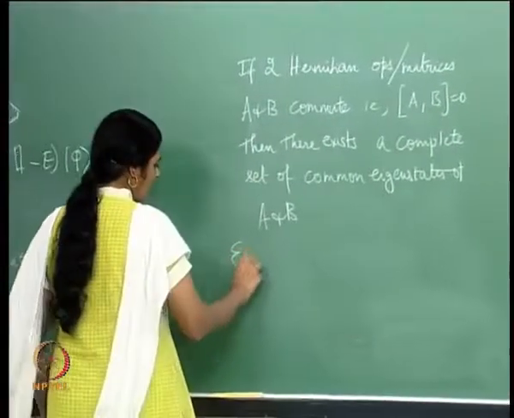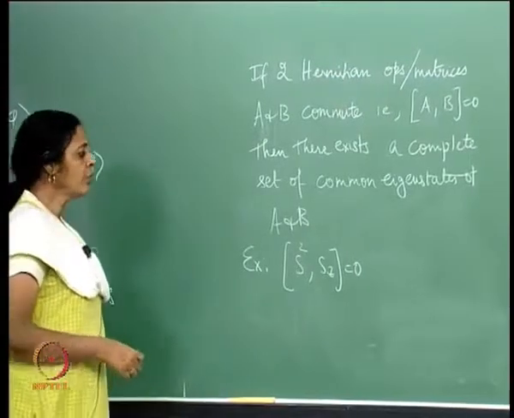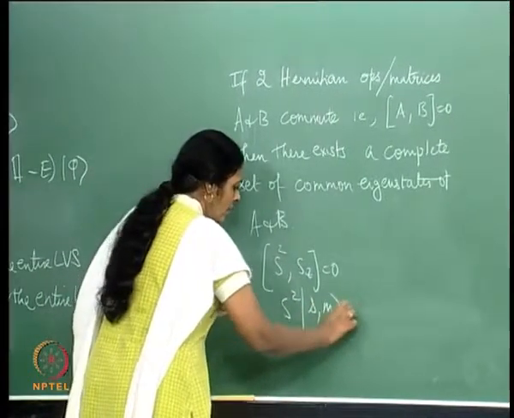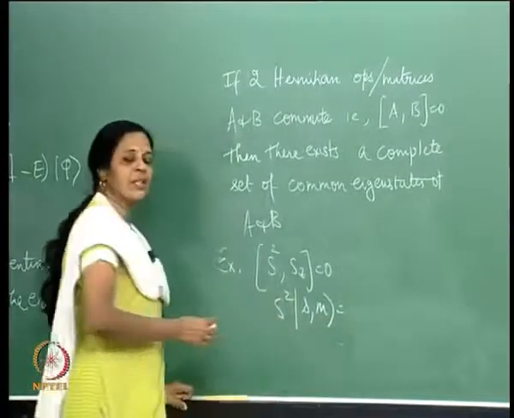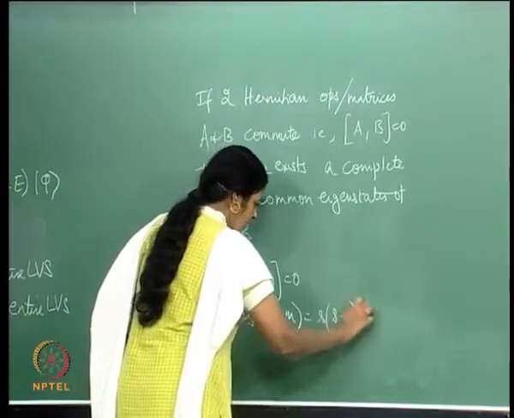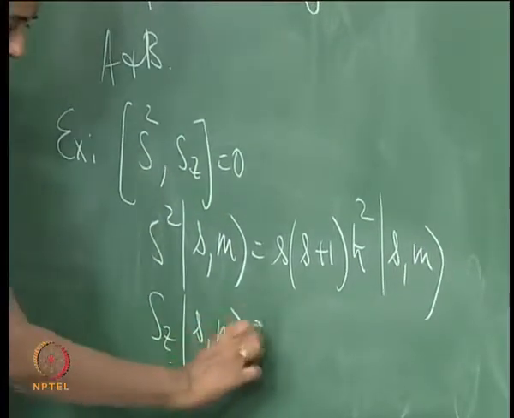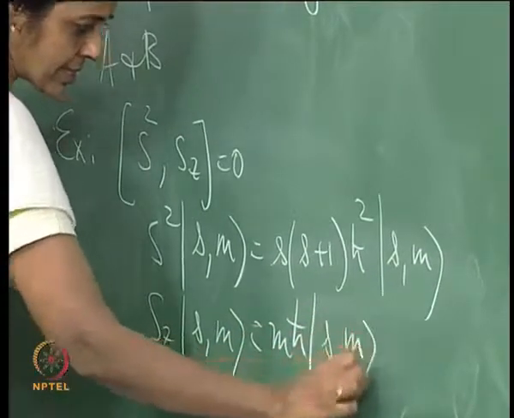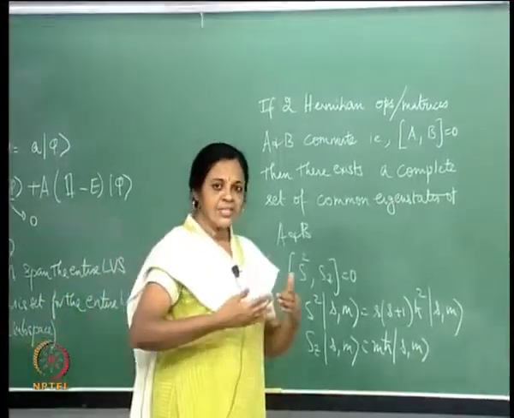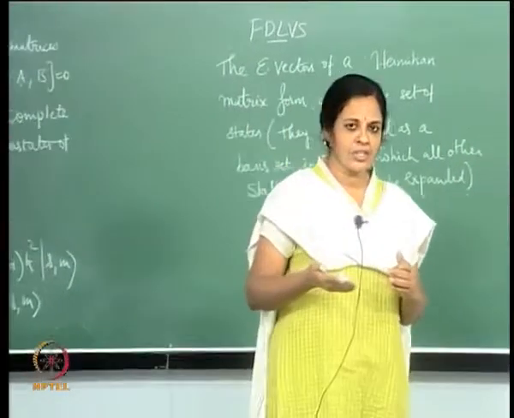So, we had the commutator of S squared and Sz equal to 0, and we found a complete set of common eigenstates labeled by the two quantum numbers S and M. We demonstrated in the case of the two level atom that S squared acting on S comma M is S into S plus 1 h cross squared S comma M, and Sz acting on S comma M is M h cross S comma M. So, this is a complete set of common eigenstates where S takes a certain value and M takes values from minus S to plus S in steps of 1.